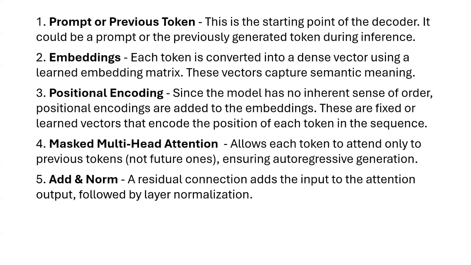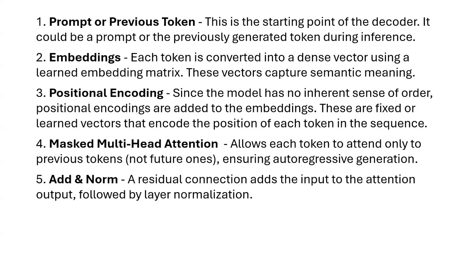Dense vector means it will convert it into numbers, and there's a little bit more that we'll say. Basically, all the words are converted to numbers. These vectors capture semantic meaning, and that's why I was saying converted into numbers. But there is a little bit more, because it gets converted in a different way, which also captures semantic meaning.